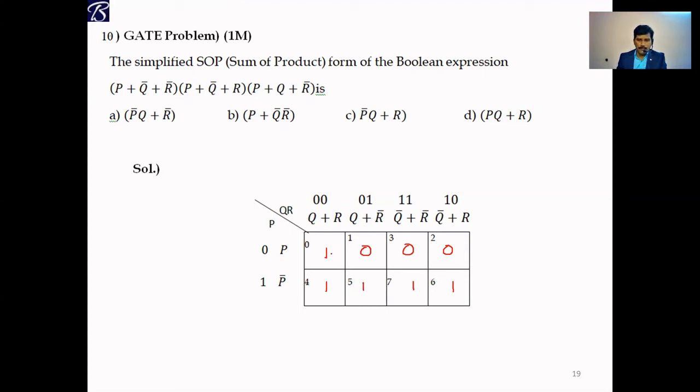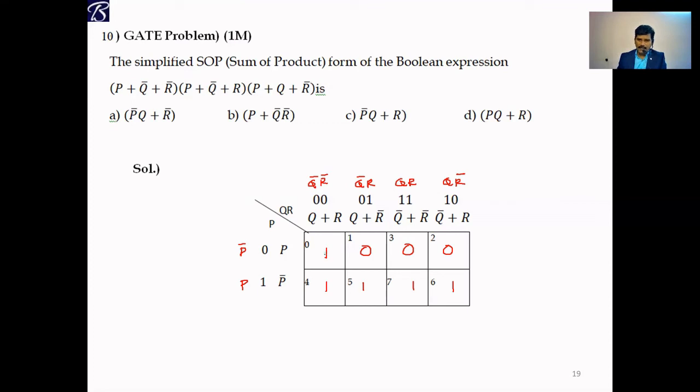Since we are finding the SOP form, 0 indicates P bar and 1 indicates P. So 0 0 means Q bar R bar, 0 1 means Q bar R, this is Q R, and this is Q R bar. That is related to the SOP form. Now try to minimize to get the minimized SOP form.